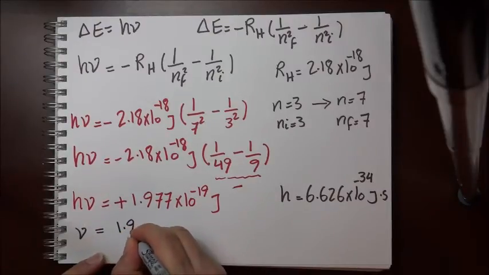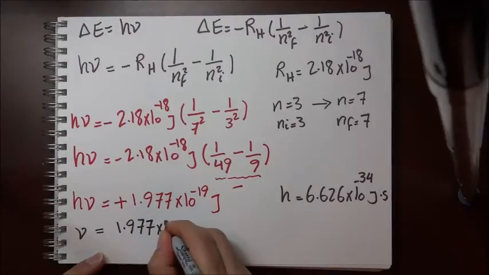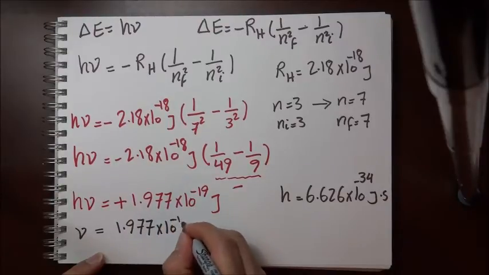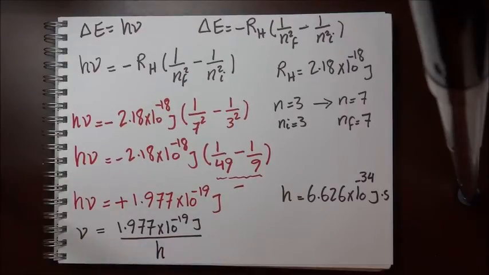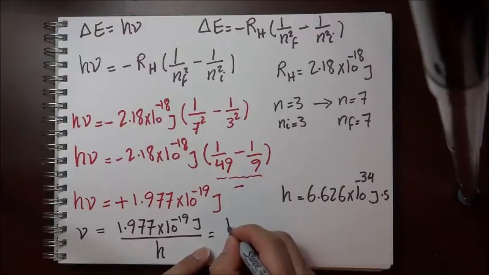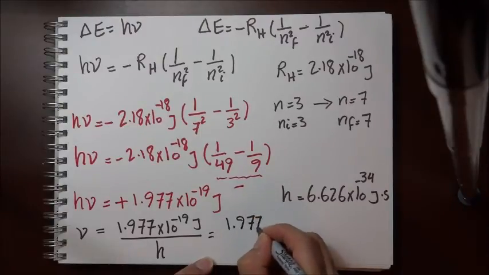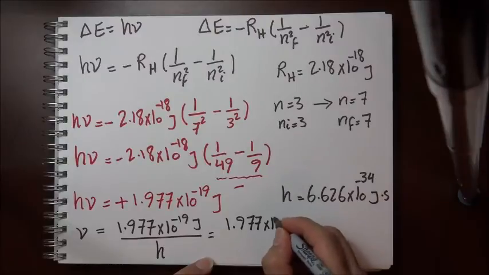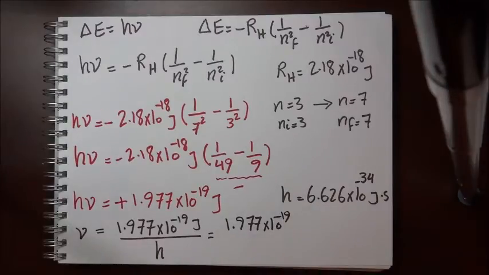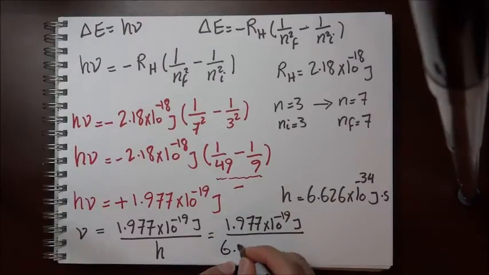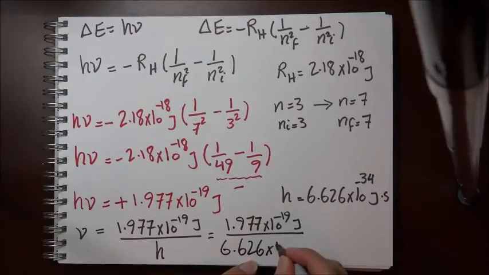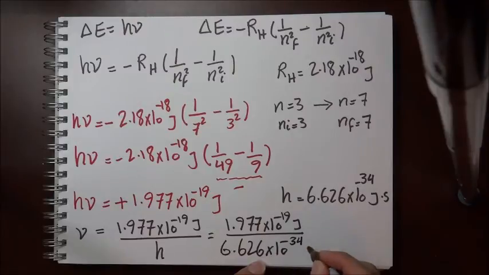So 1.977 multiplied 10 to the power of minus 19 joule divided by 6.626 multiplied 10 to the power of minus 34 joule second.